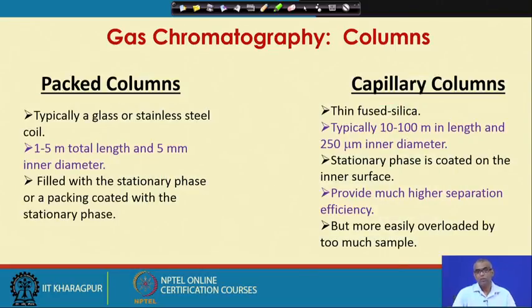Now we will see in more details about the columns as well as detectors, and then we will talk about liquid chromatography.